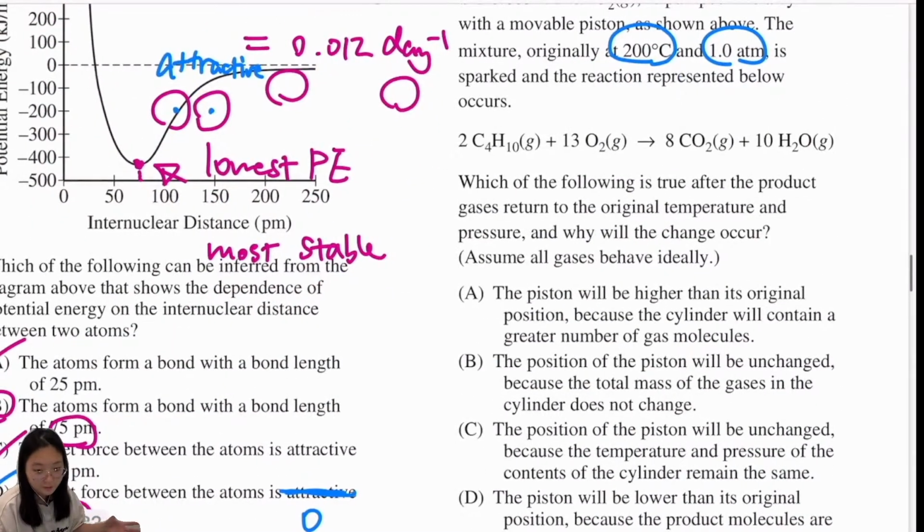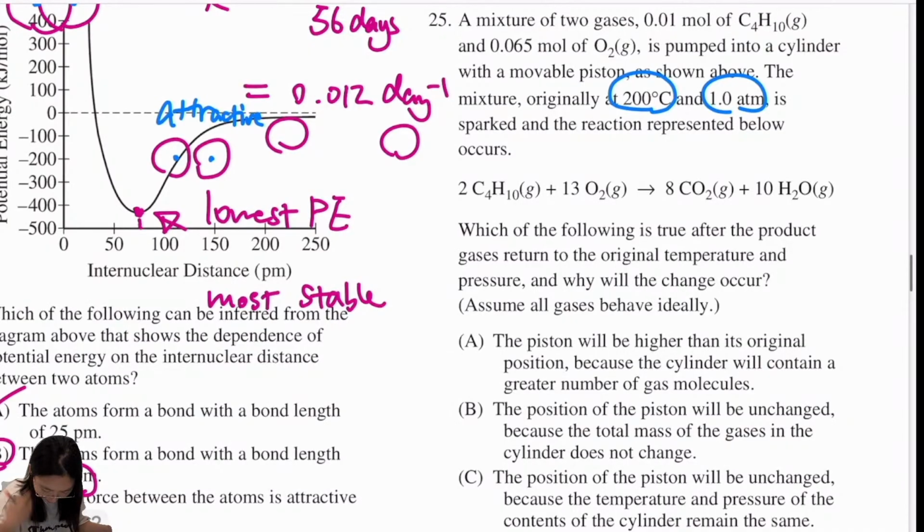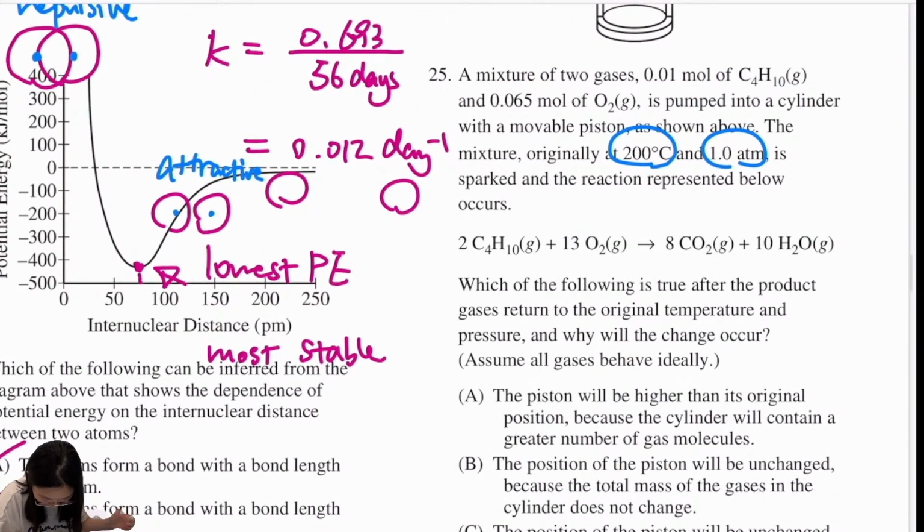Which of the following is true after the product gases return to the original temperature and pressure, and why will the change occur? Assume that all gases behave ideally. Oh, wait, let me reread the question. Wait, 0.01 moles and 0.06. Okay.